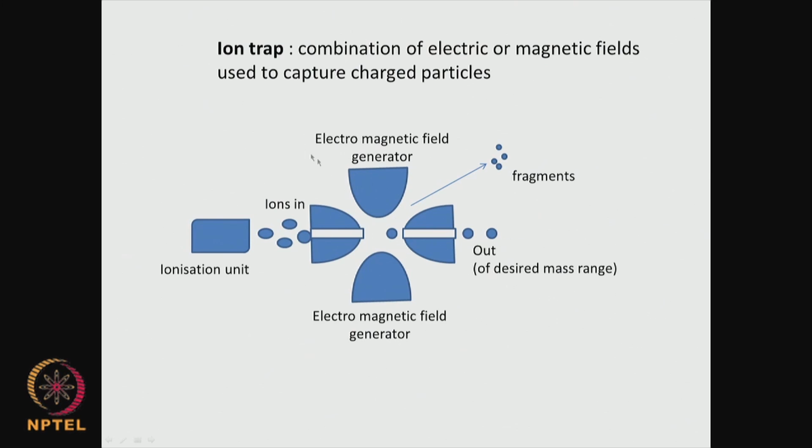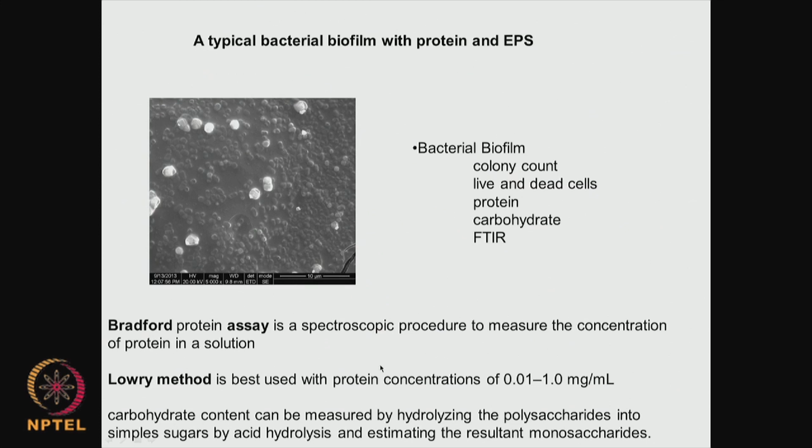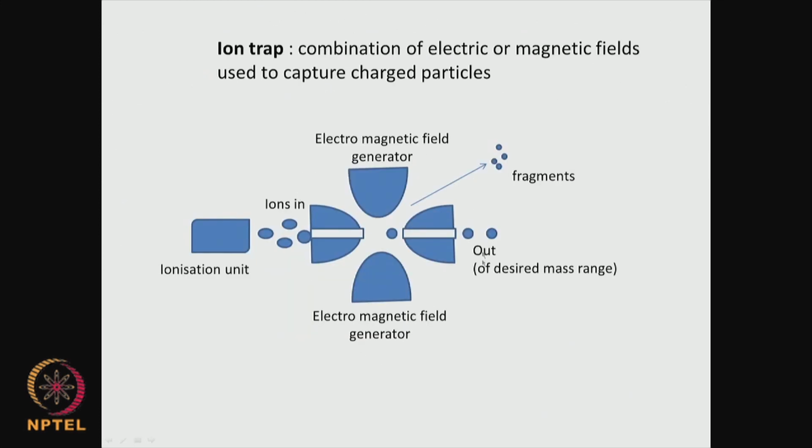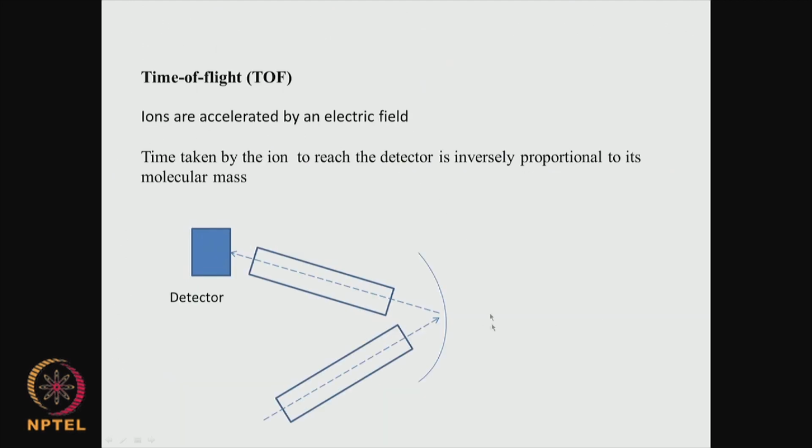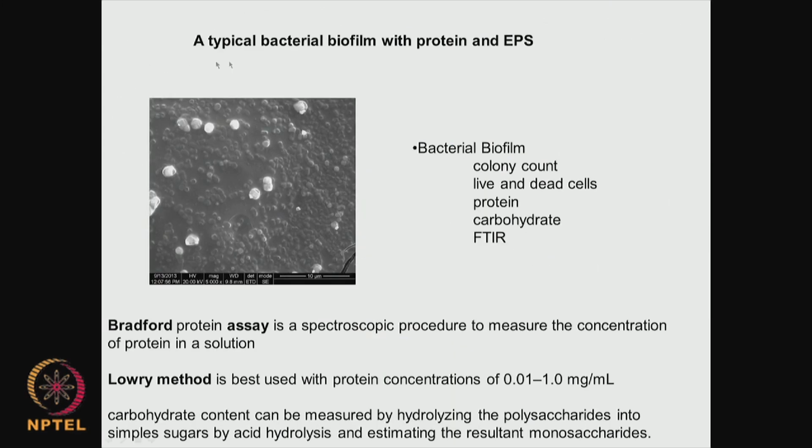So, whatever comes out is ions of our interest. How do you capture them? Using an electromagnetic field and so on. Okay. These are very widely used, the ion trap and the time of flight. These are the two things used to capture ions of our interest. For example, if you look at this picture, this is a biofilm.